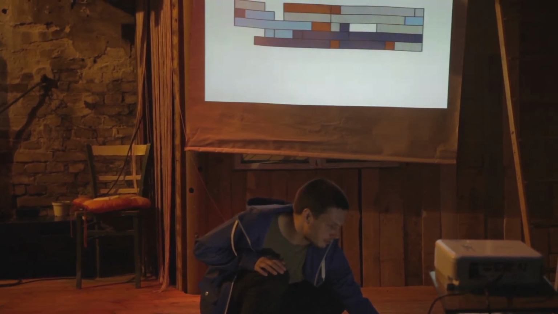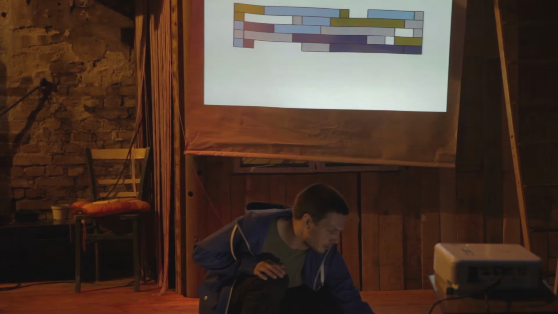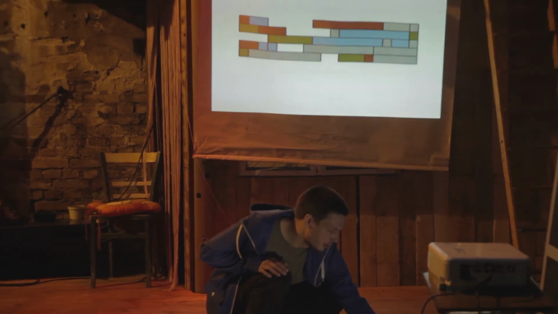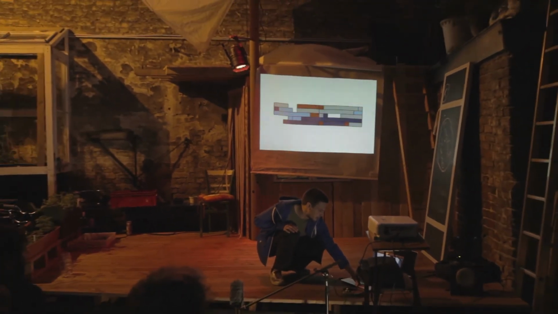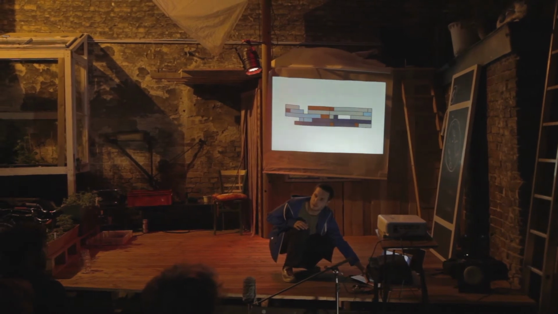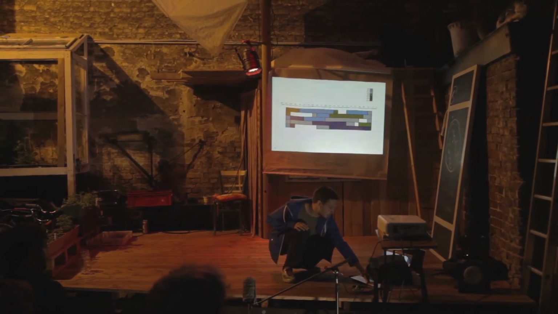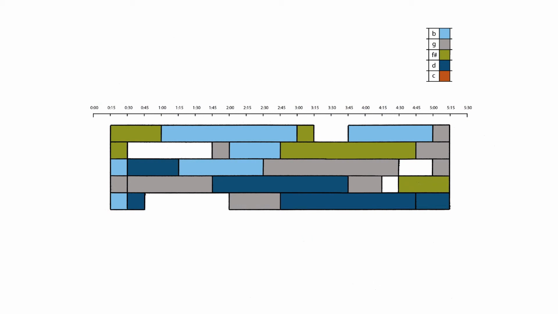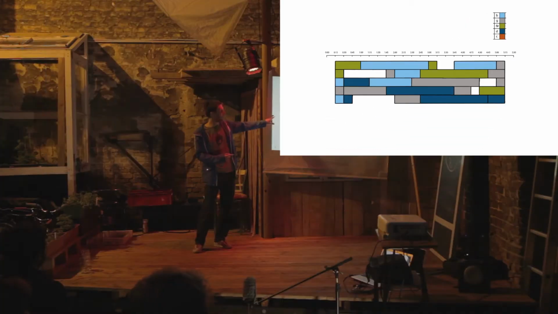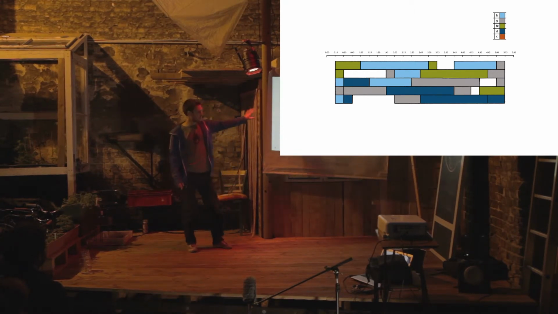I mean, not all colors are in all of them, but I use five different colors. And then I made scores for the musicians that look like this. In this one there's a system, and I'm also going to play the music. That's the last thing I'm going to do, because it's a little bit weird to talk about music but not give any example.